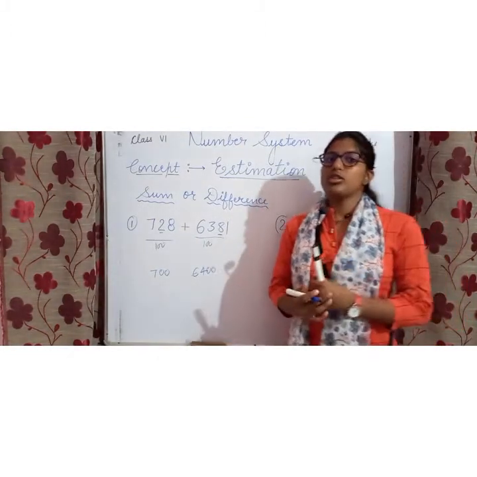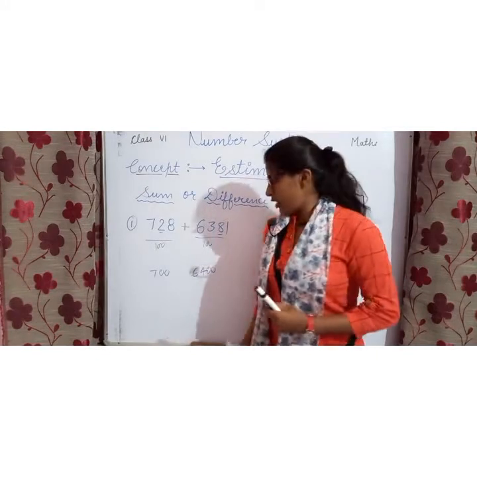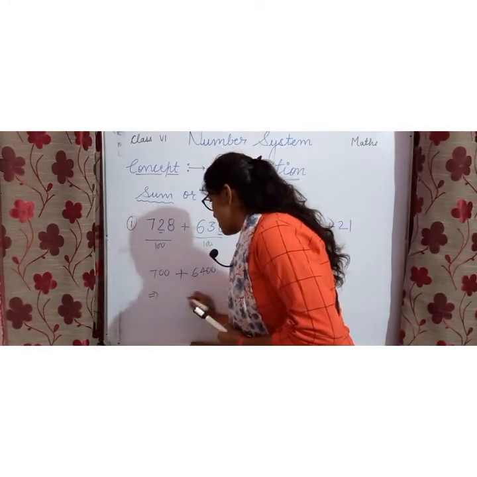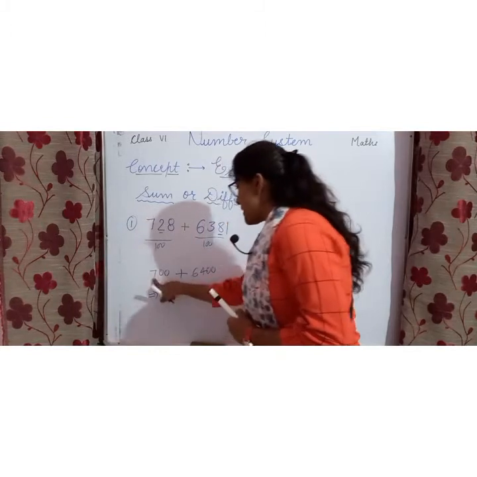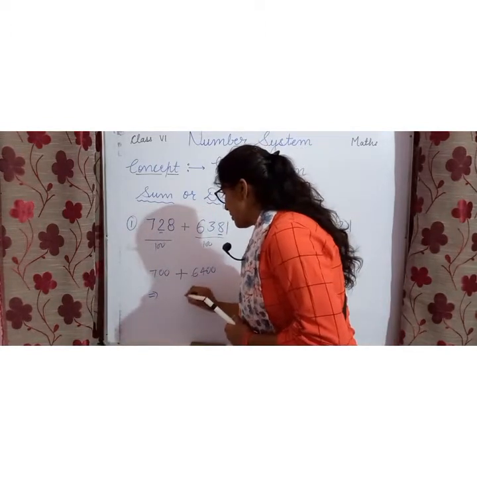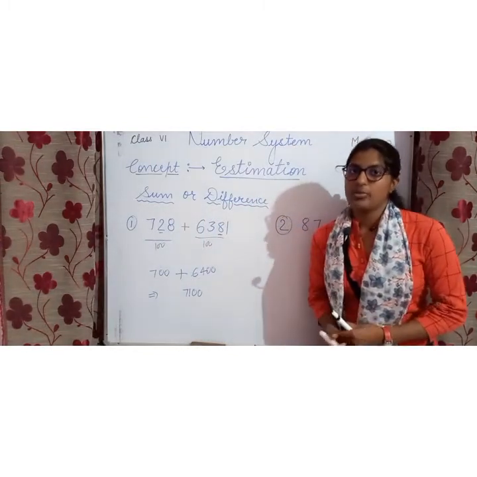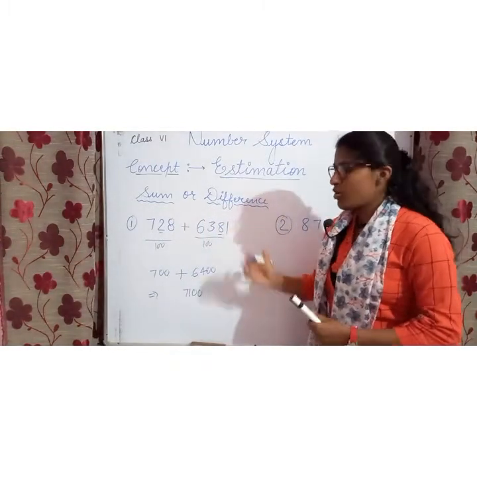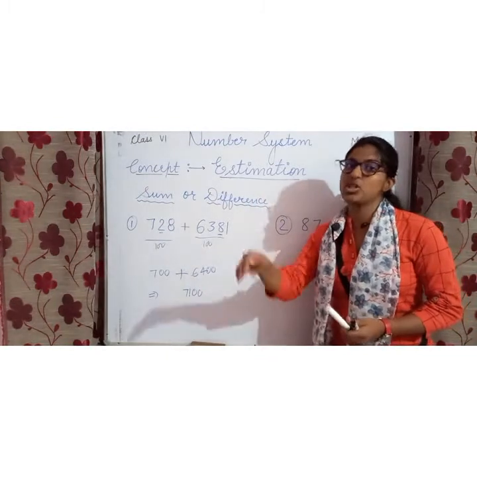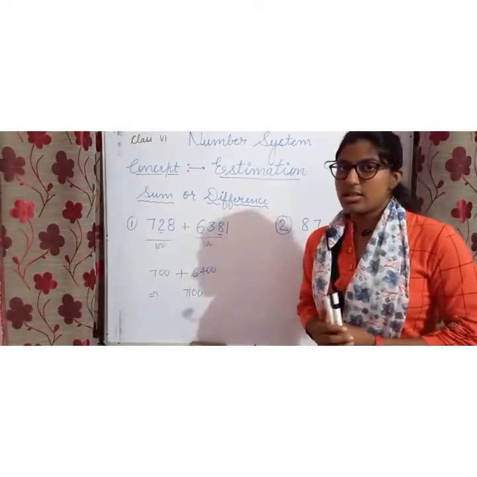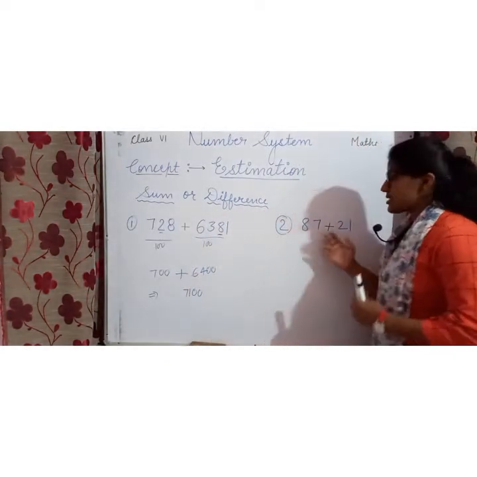Clear? After rounding off, we do the sum. Adding both, you get 0, 0, 7 plus 4 is 11, plus 1, 7. So 7100. This is the estimation of the sum of both numbers. Clear? Now see the next example.